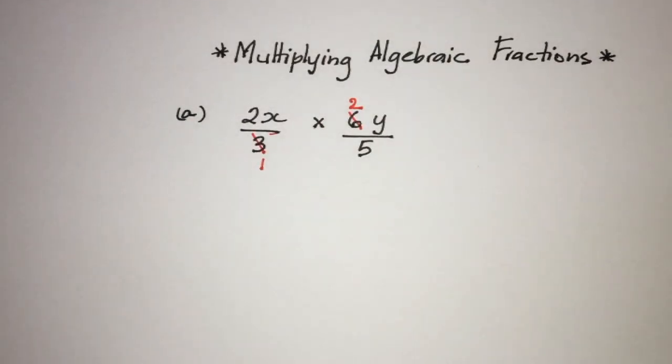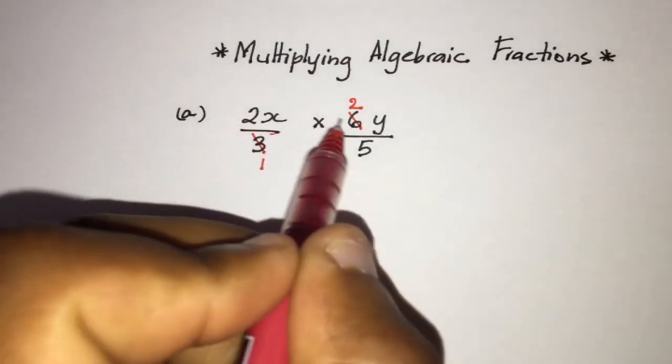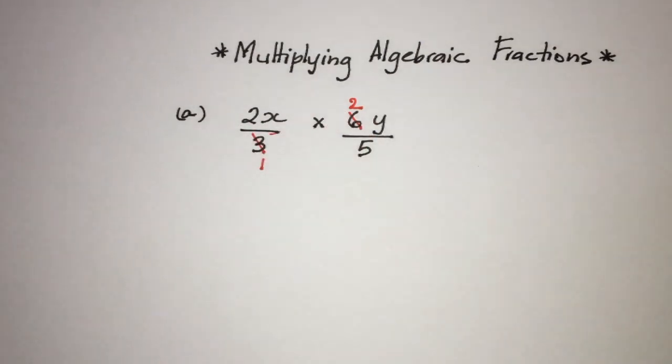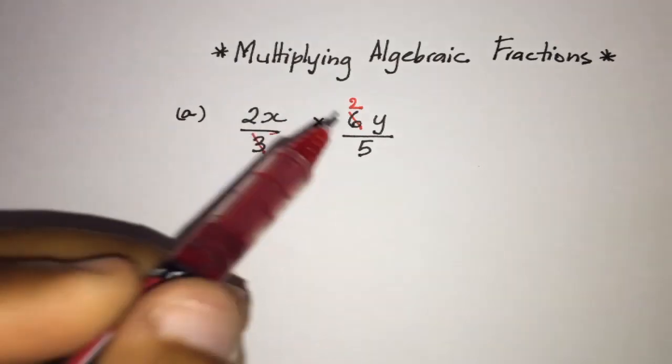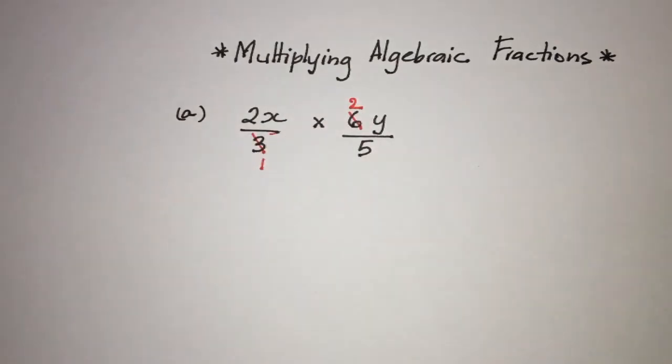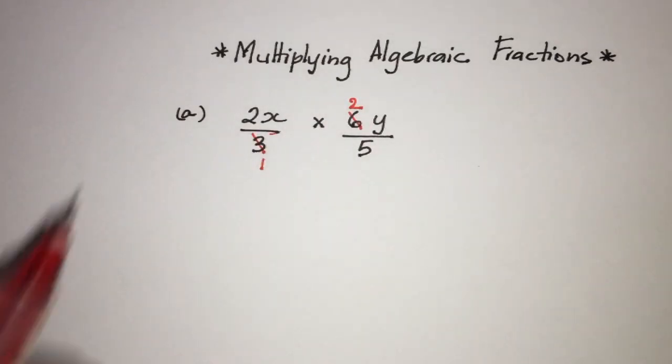Now pay attention. This 2x and this 2y, they're both in the numerator. So I cannot cancel anything that is in the same position. Only a numerator with a denominator. So seeing that there are no other common factors between a numerator and a denominator, I can simply multiply across.